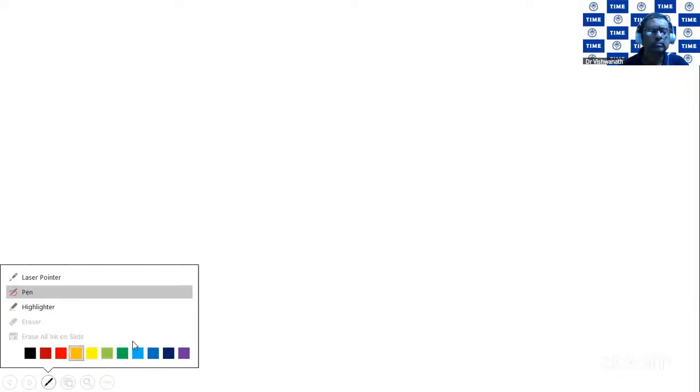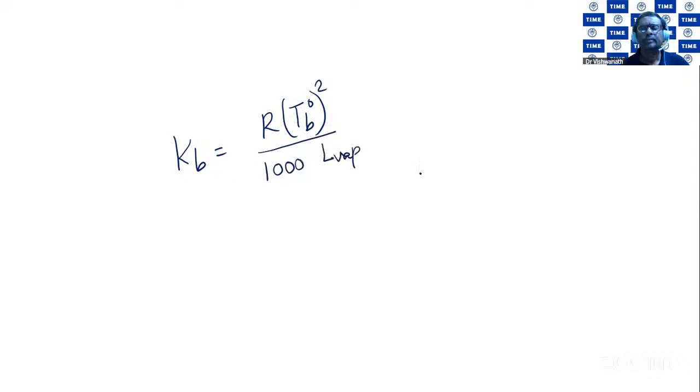I'll put it here. Kb equals R Tb naught square of the boiling point by 1000 into latent heat of vaporization. That latent heat of vaporization is in, let us say, energy units per gram.